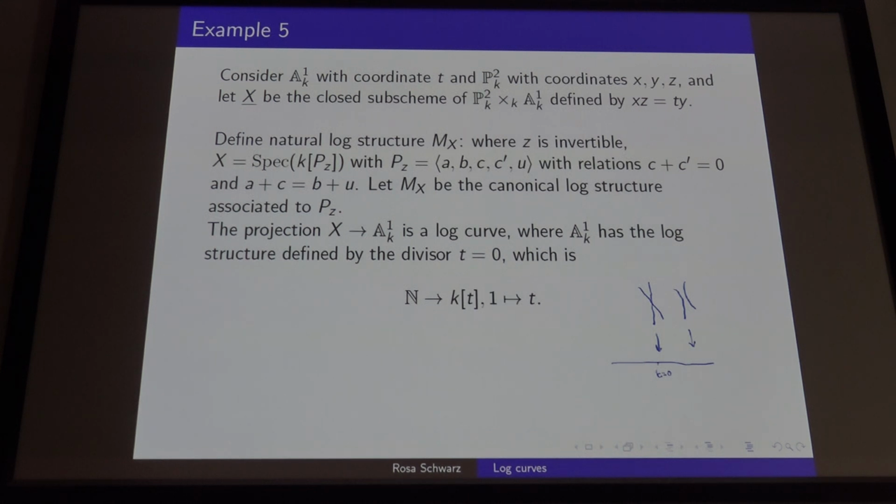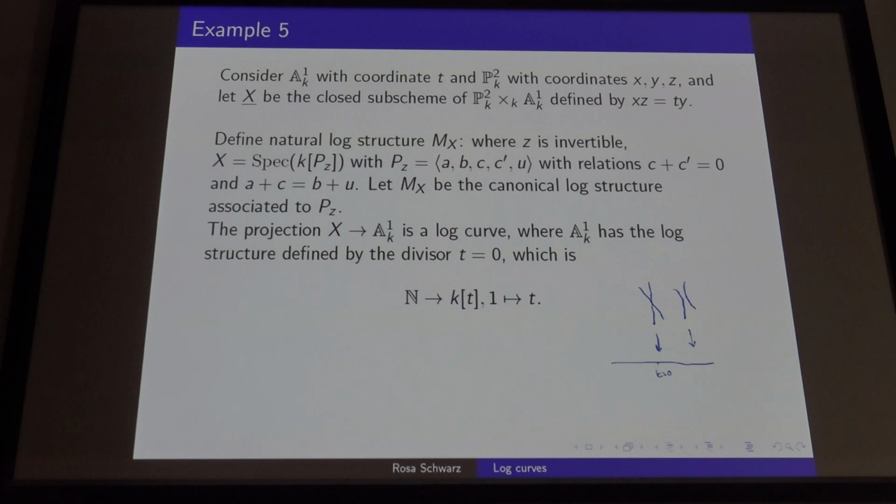Okay, and then logically you work on an affine plane, so I chose where Z is invertible, and then you can describe your space X as the spectrum of k[P], with P the monoid generated by 5 elements, and which has relations that c plus c prime is 0, so that's basically the C is for the Z, but it should be invertible. So we adjoin C and C inverse.